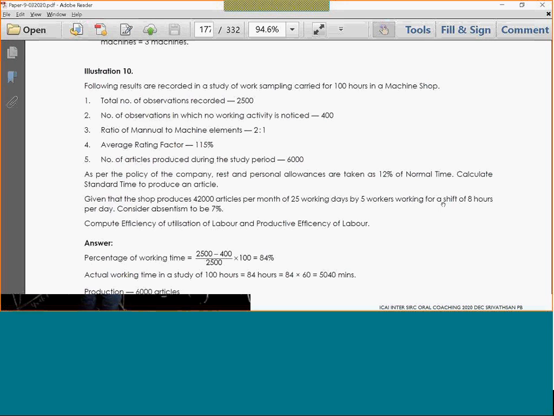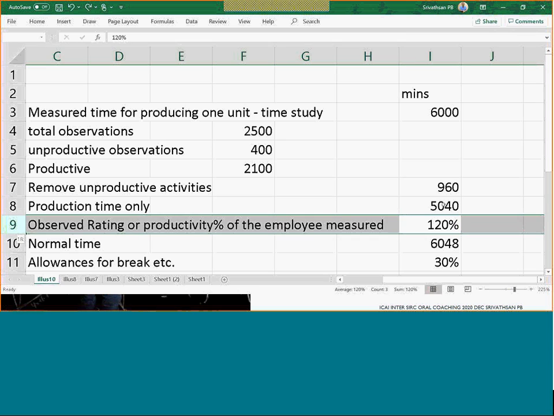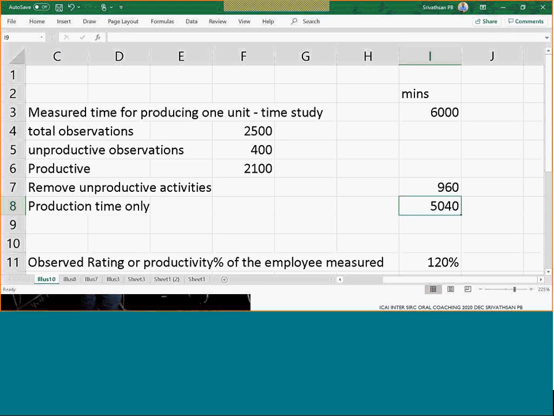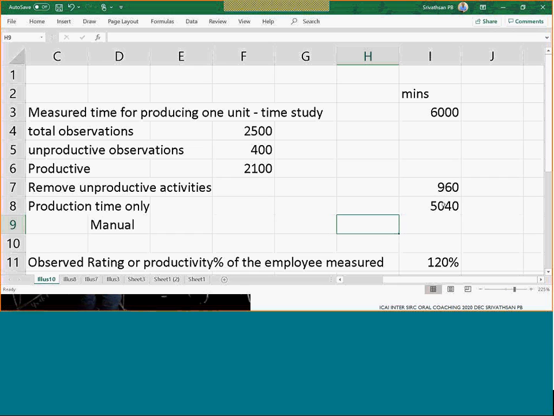Now, the ratio of manual to machine elements is 2:1. In sum, manual to machine is 2:1.